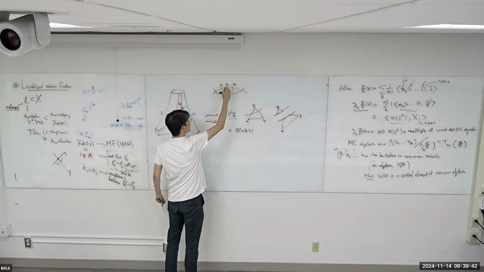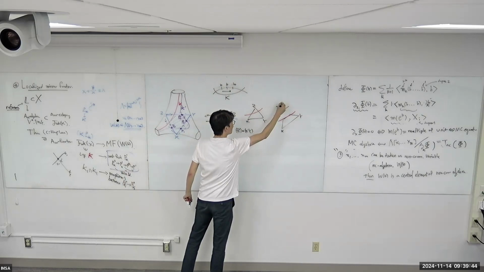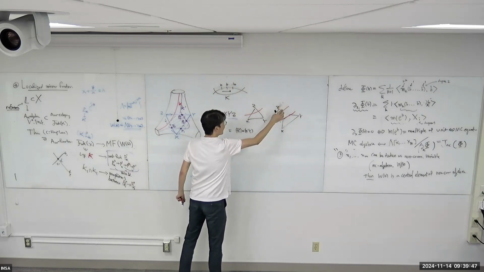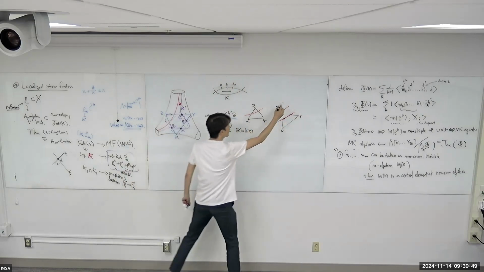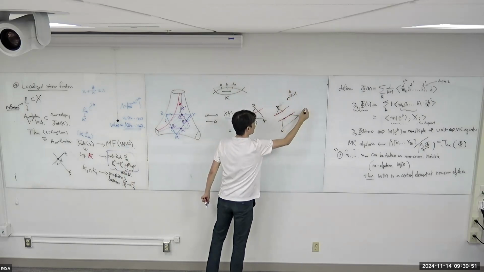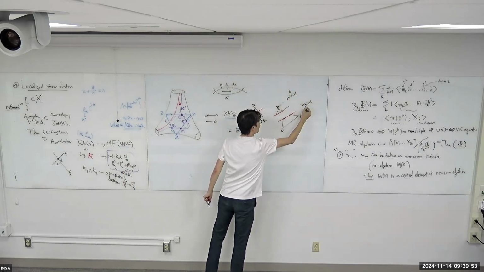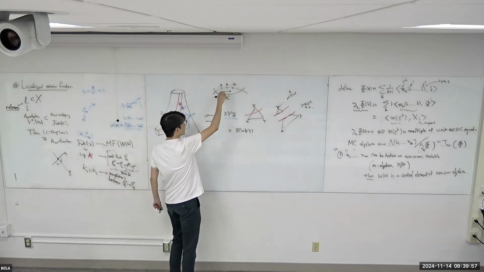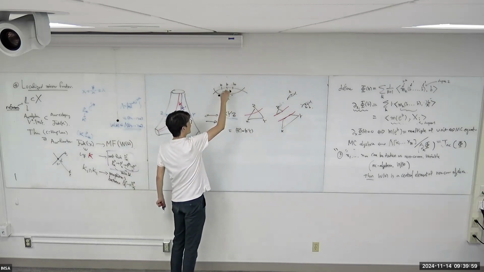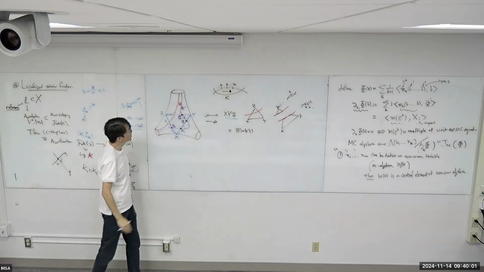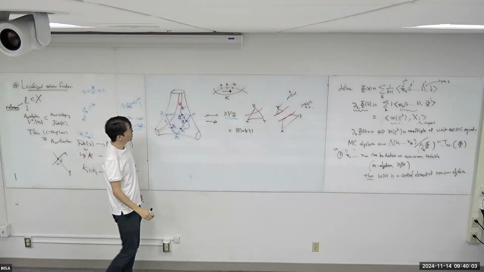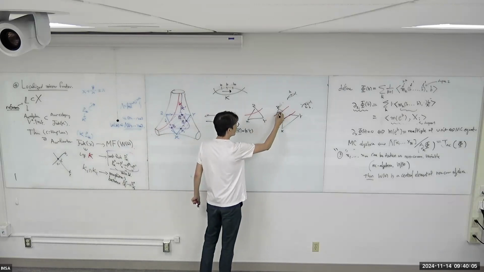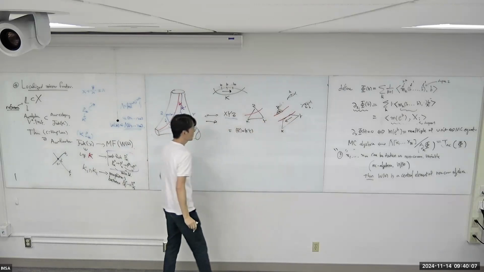So this is part of B, right? You can think of this as with one B, and this guy has two B's. And you can give the direction so that B is on the upper boundary, and these guys have these directions.